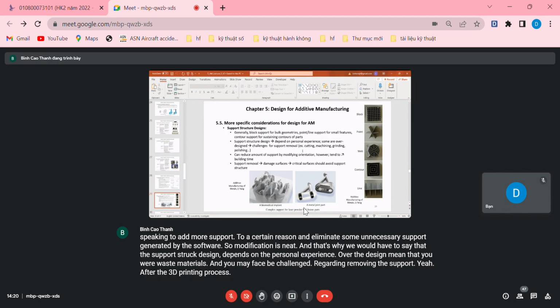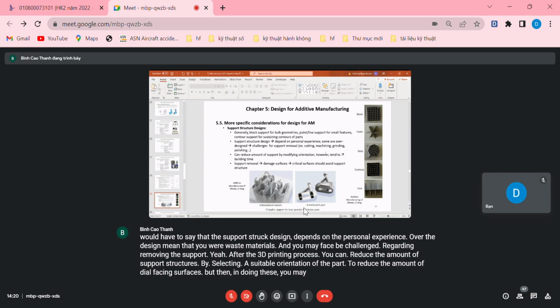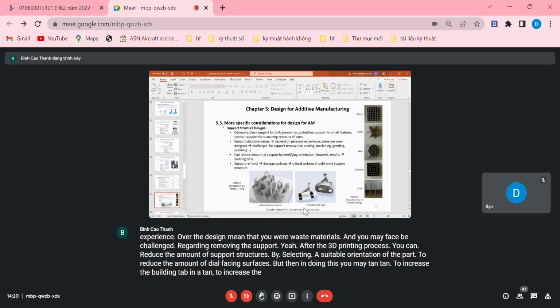Of course, you can reduce the amount of support structures by selecting a suitable orientation of the part to reduce the amount of down-facing surfaces. But then, in doing this, you may tend to increase the building time.